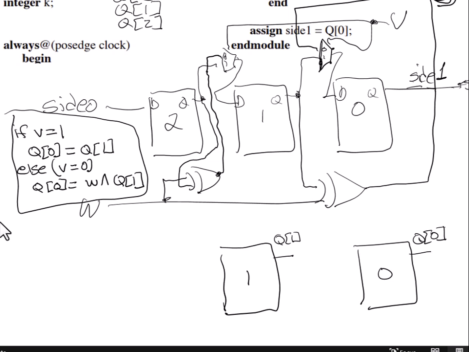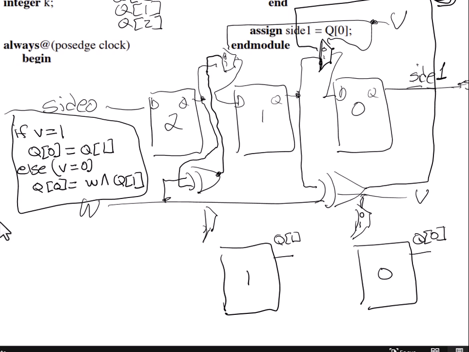And this if tells me I'm going to need to have multiplexers. I might not know how many I'm going to need at this point. Right now I'm dealing with Q0, so I put one over here at Q0. And I've got a 0 and a 1, which are my two possibilities for a 2-input mux. And V is what tells me which of these I'm going to use. So V is my variable that goes into it.